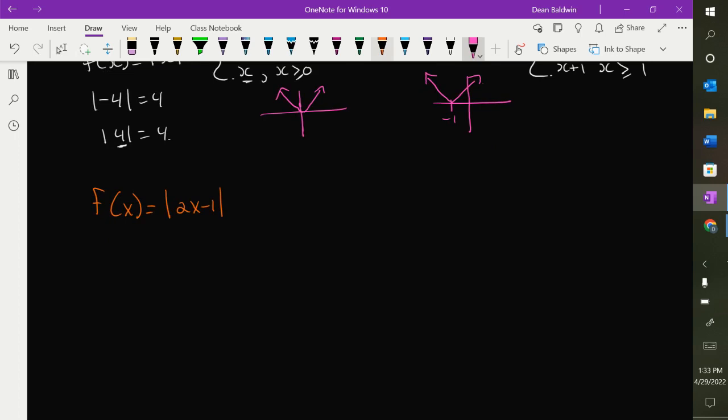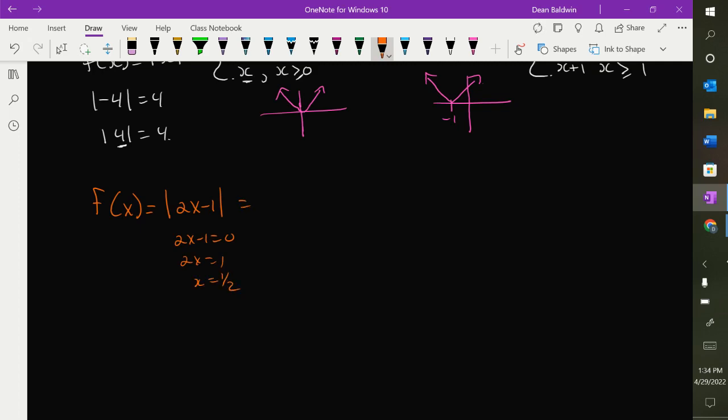So now we look at 2x minus 1. Well, what makes the inside of that 0? If you don't see it right away, you can just do the algebra. 2x is equal to 1, x is equal to 1/2.